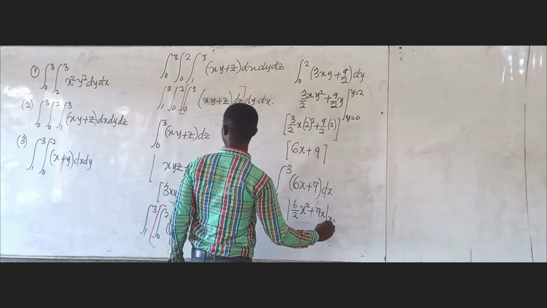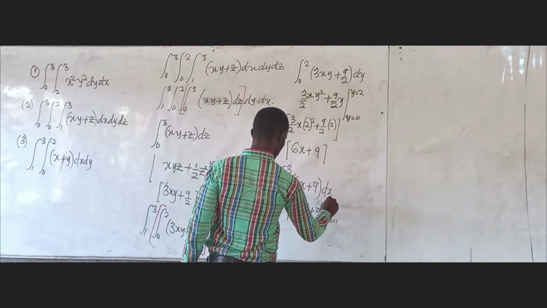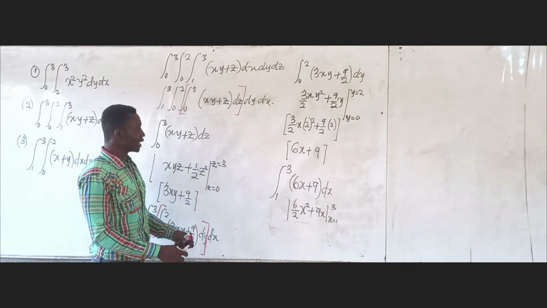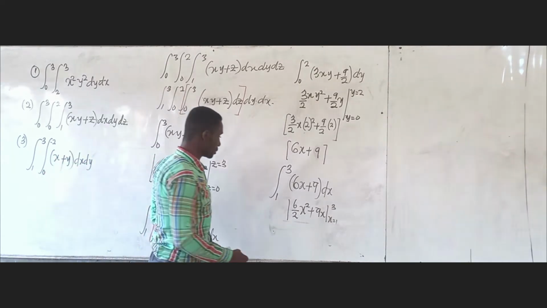x is equal to 1 to 3. You see that 1 to 3, I will subtract the elements. When I start from where the elements are 0, you see that I have it very easy. That's how it should be done.